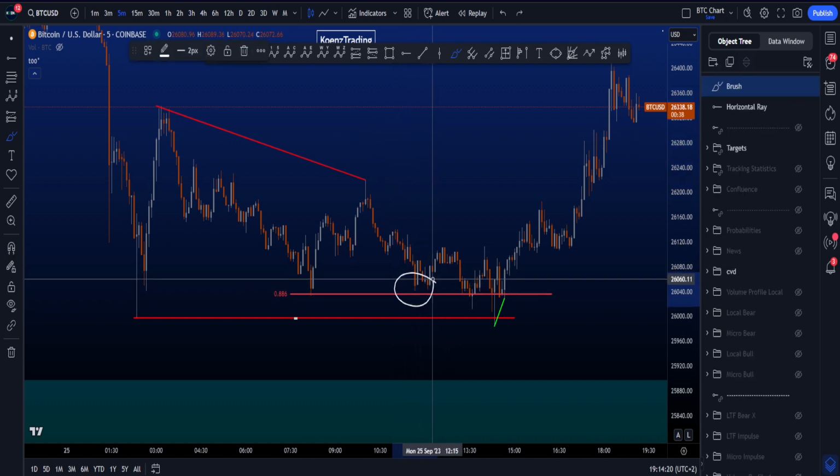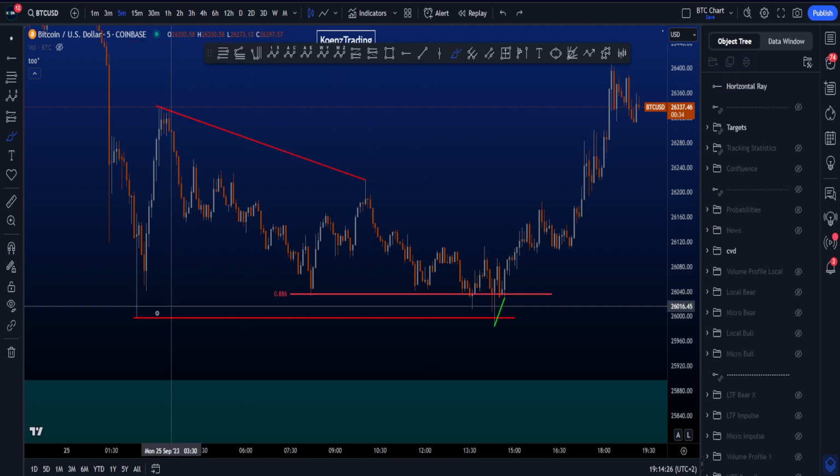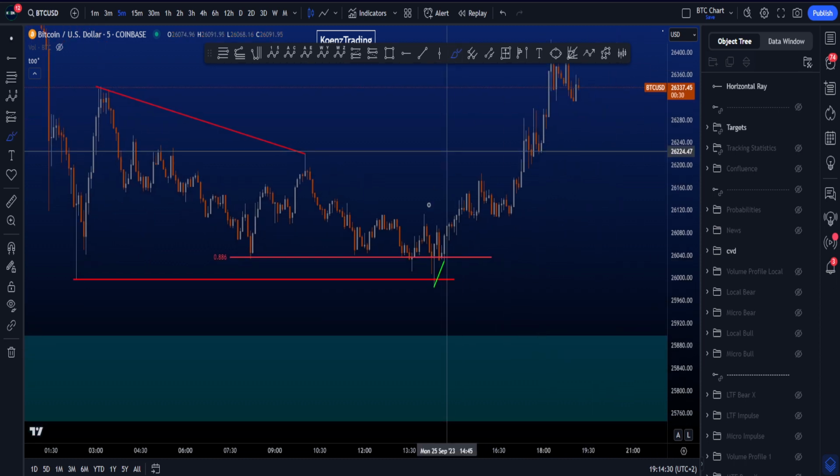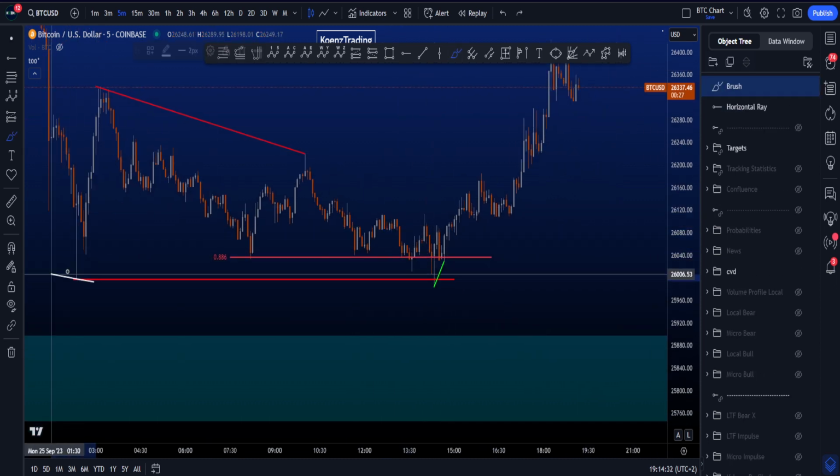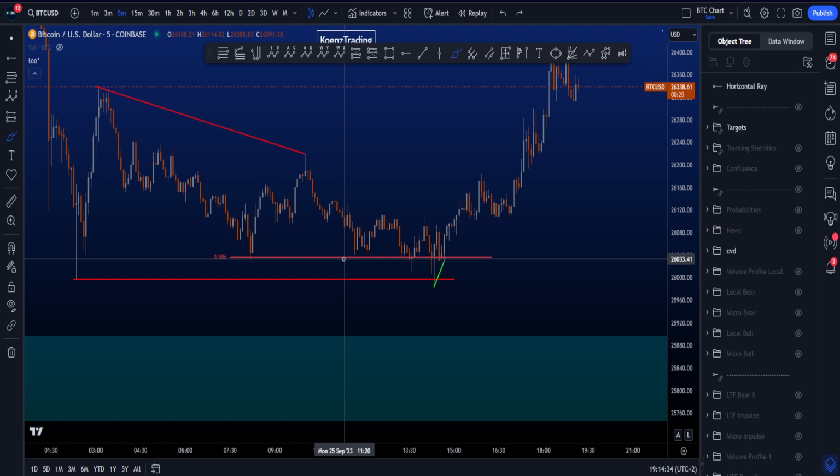However, when price came back once more, the probabilities for price taking this low increase incredibly. So what happened is price moved to the downside and wicked this low as we were looking for, as mentioned in that previous video, and it was a swing failure pattern.